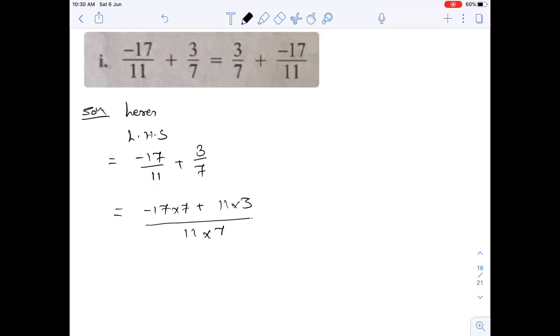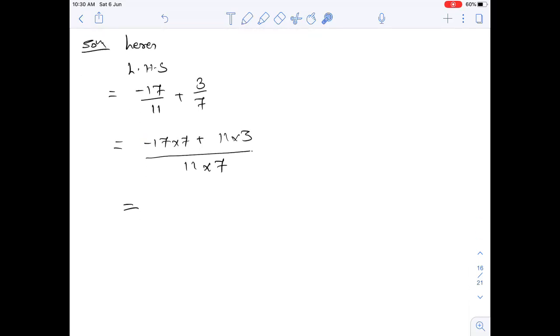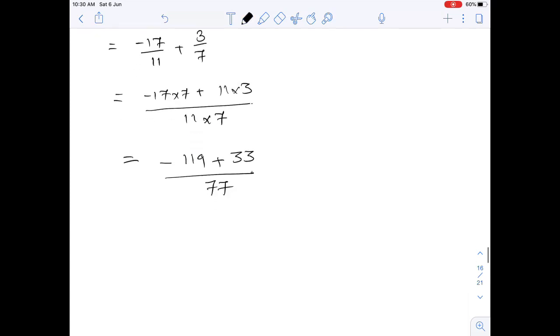Next step, now minus into plus will become minus, then 17 sevens are 119, plus 11 threes are 33, divided by 11 sevens are 77, equals to.